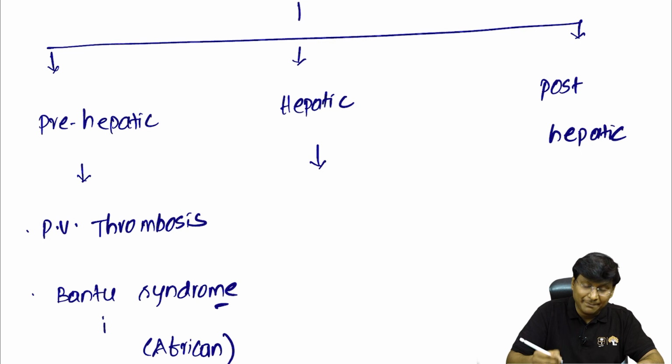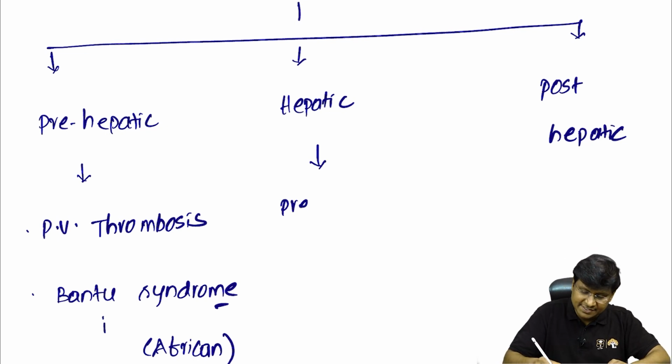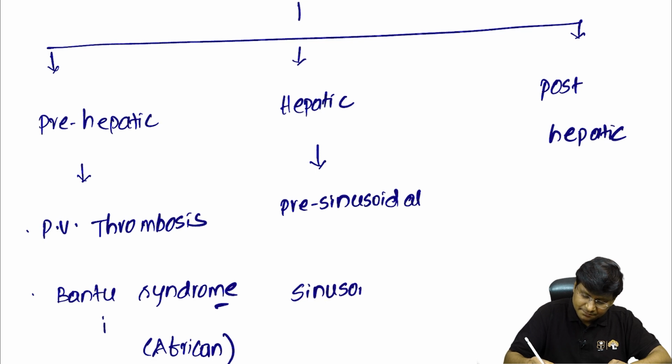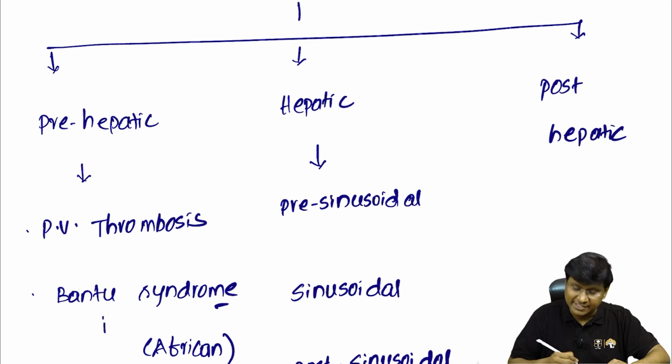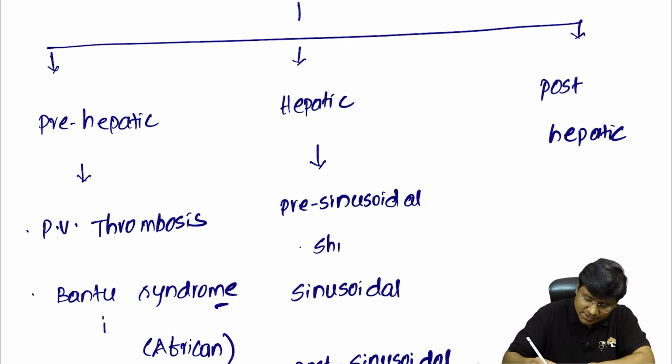Then, what are the hepatic causes for the development of the portal hypertension? We classify this again into the pre-sinusoidal, then we have the sinusoidal causes, then we have the post-sinusoidal causes, right? Pre-sinusoidal causes are schistosomiasis.